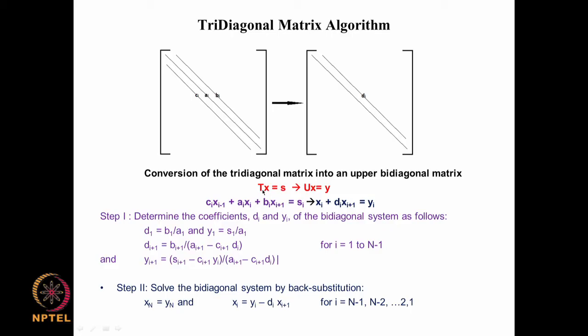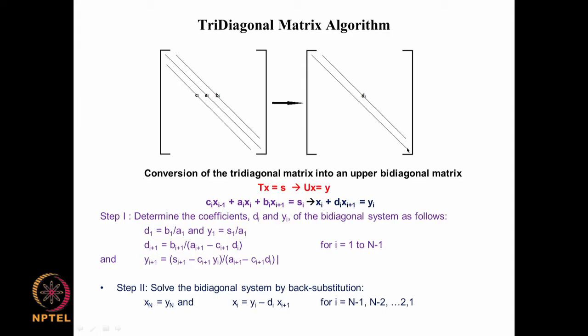So the transformation of Tx equal to S to Ux equal to Y gives an equation with a coefficient matrix like this, which can be solved through successive substitution. It is a specialized substitution in which any equation here is of the form xi plus di xi plus 1 equal to yi. So there are only two variables.